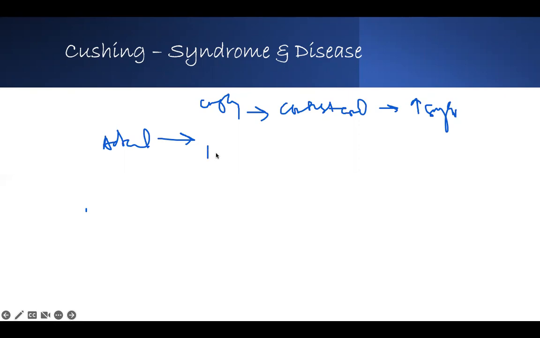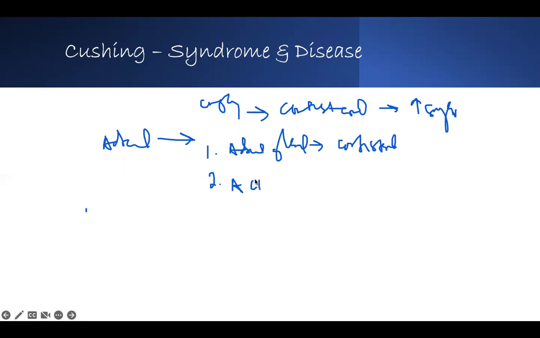There are two ways this can happen. Either the adrenal gland itself has a tumor that is secreting too much corticosteroid, or you have too much ACTH.